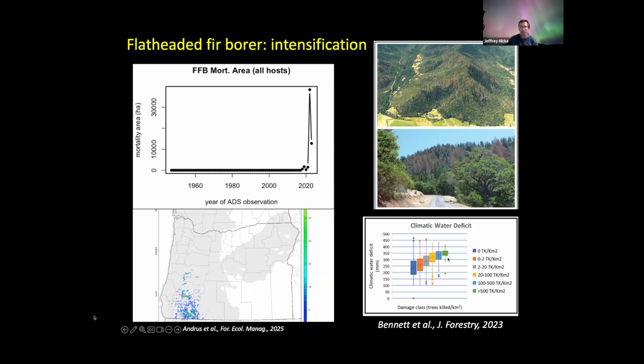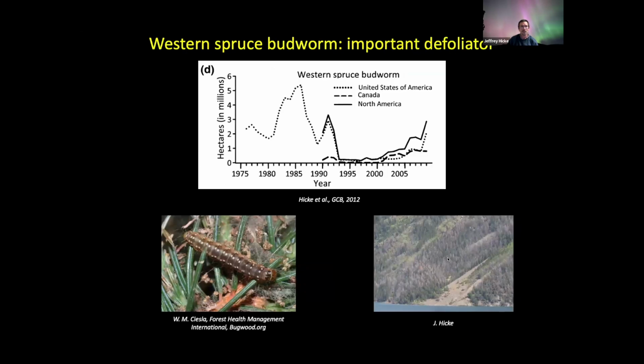So we're about to start a project that uses more recent data and some refined statistical analysis to see if we can tease out this effect. The last two examples here are associated with uncertainty about the role of climate in some important insects.